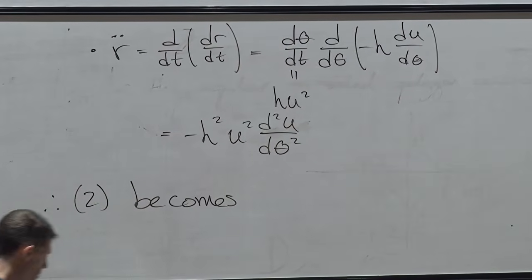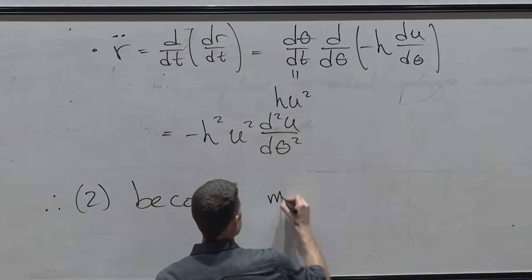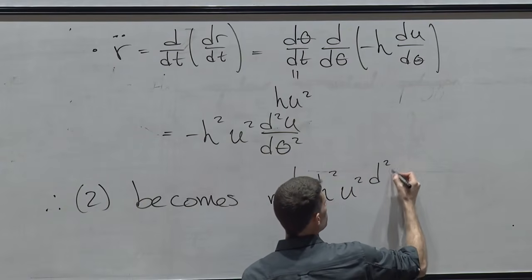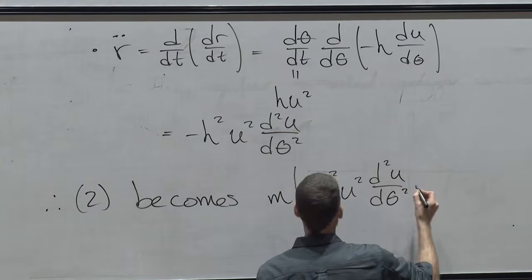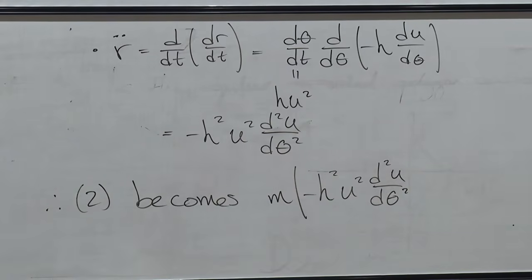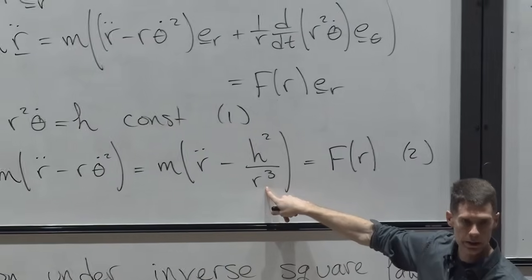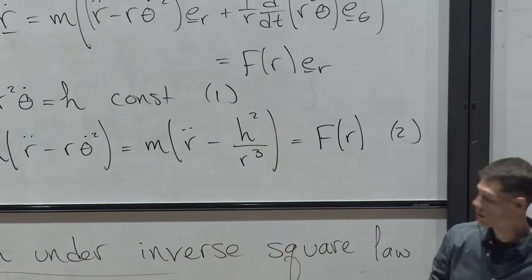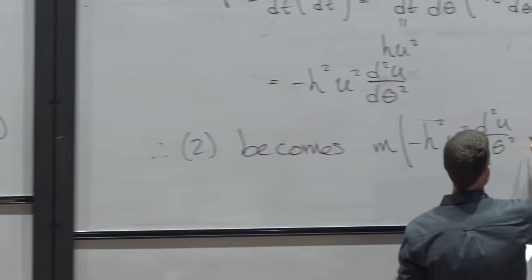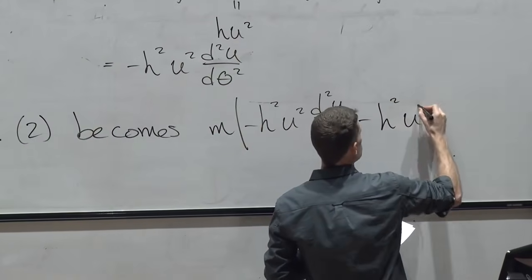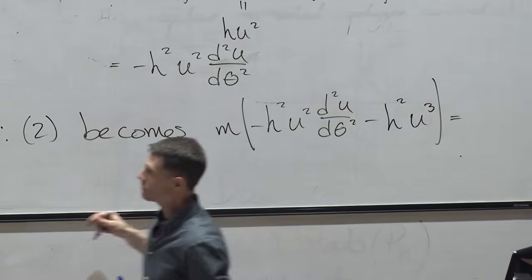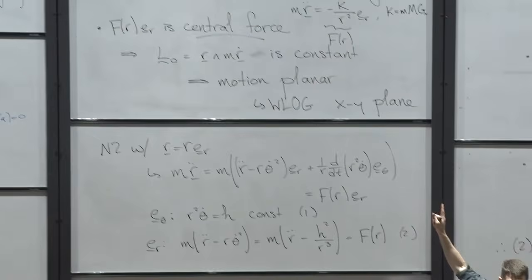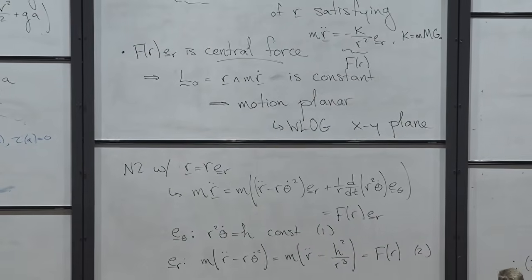Put all these things together, you get m times minus h squared u squared d squared u d theta squared, that's r dot dot, minus h squared over r cubed, but that's just u cubed, so that's minus h squared u cubed, equals f, but f is really minus k over r squared, so that's minus k u squared.